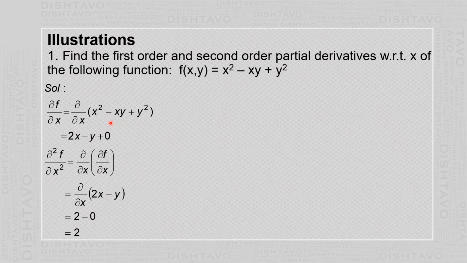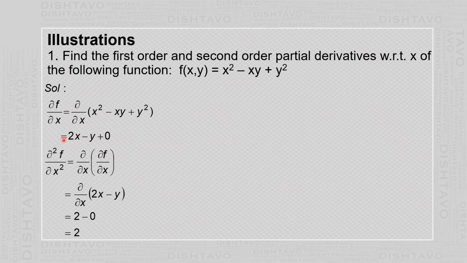This leads to the partial derivative of x square as 2x, the partial derivative of minus xy as minus y, and the third term y square is a constant since we are differentiating partially with respect to x, so the partial derivative of y square with respect to x is 0.